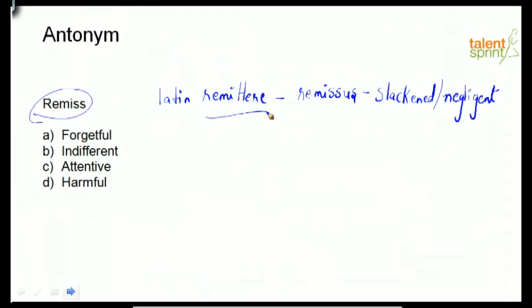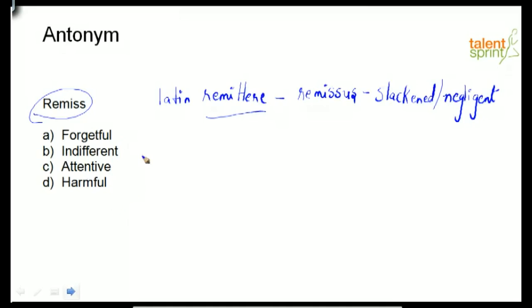The options are forgetful, indifferent, attentive and harmful. So obviously we're looking at the opposite of this. So somebody who's negligent can be forgetful. Indifferent, right? It's definitely not the opposite; if you are slackening on it, it can also be you're not bothered about it, right?